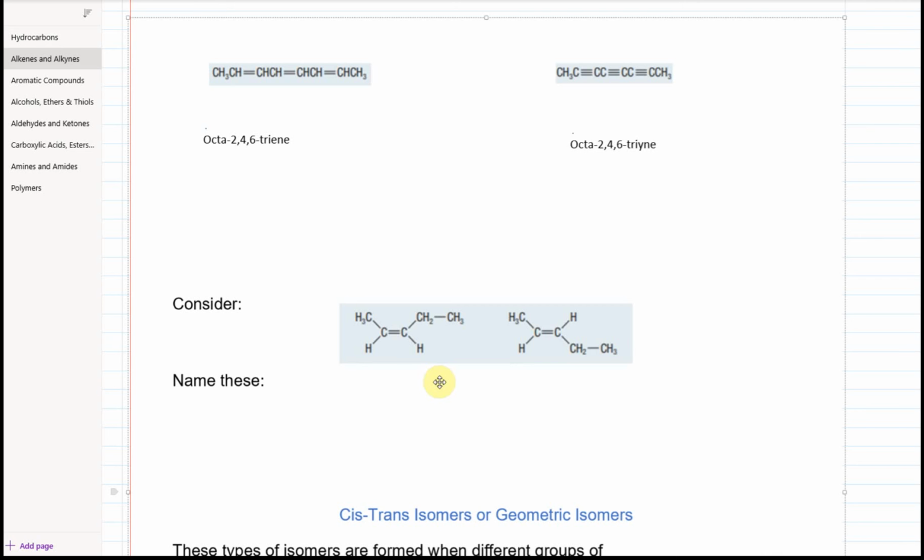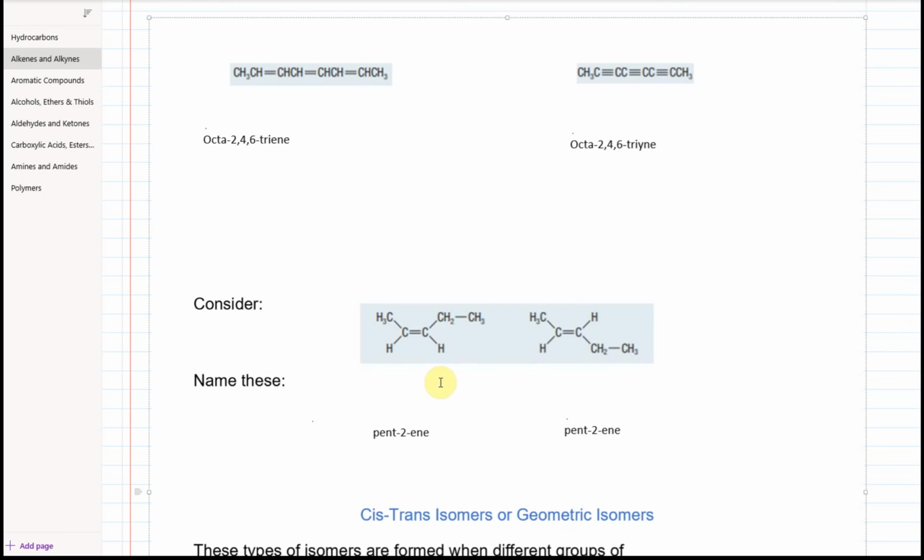So first of all, let's just try and name them as they are without any more information. If you go to name these compounds with just the information we have so far, you would find that we would name them in an identical way. And yet, these compounds are different from one another. These, again, are a form of isomerism.